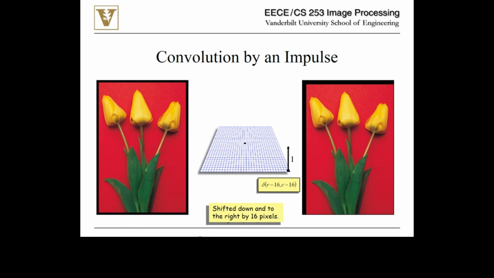The only one is that one. So the convolution of these two should be the same image with the same height, because the weight is 1, and then shifted to the 16,16 location, so it has to be shifted down by 16 pixels in each direction. And that is what we have. And if you look at the borders, you see that this border now is smaller, because of the shift.